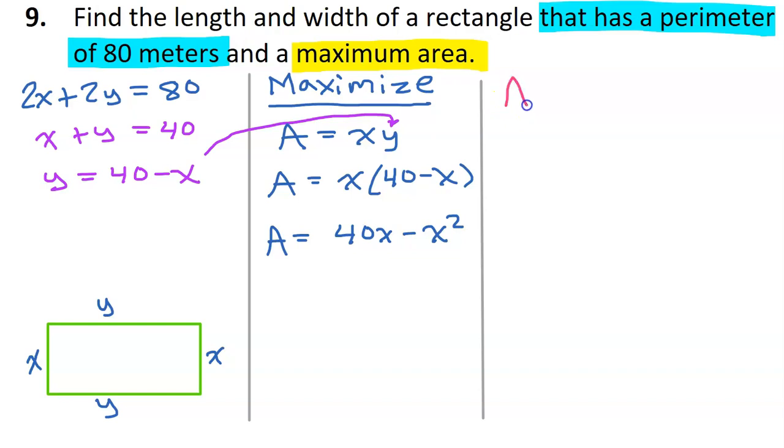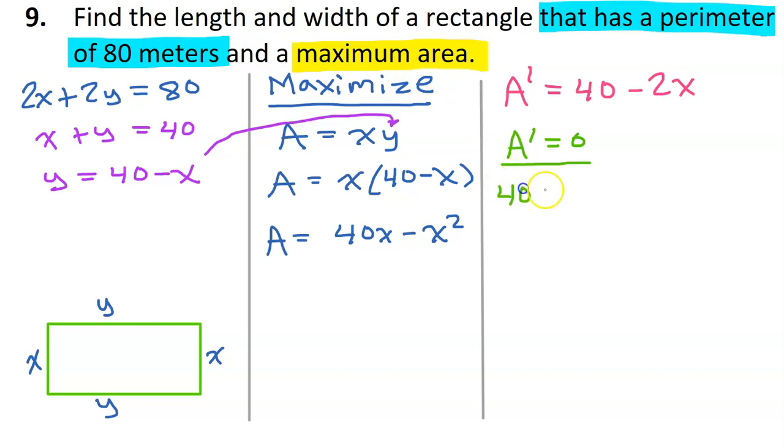So let's find that derivative. A prime. The derivative of 40x is 40, and the derivative of negative x squared, we're doing the power rule, so the 2 comes in the front, and we have negative 2x. A polynomial such as this is defined everywhere, so we don't need to worry about where the derivative is undefined. We only have to set the derivative equal to 0 to find the maximum area.